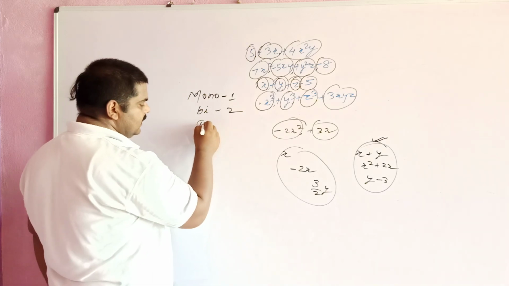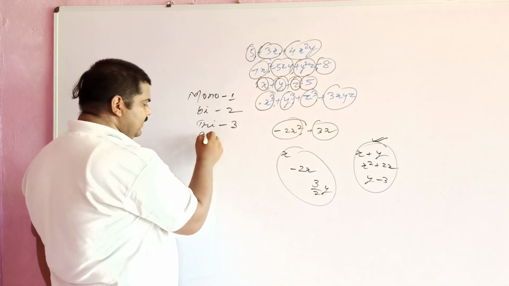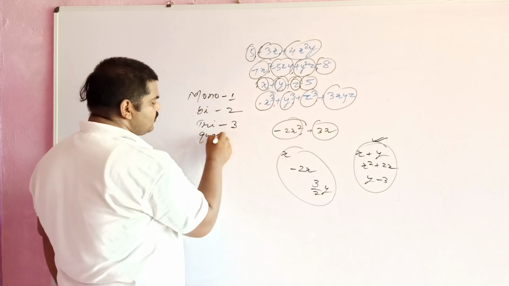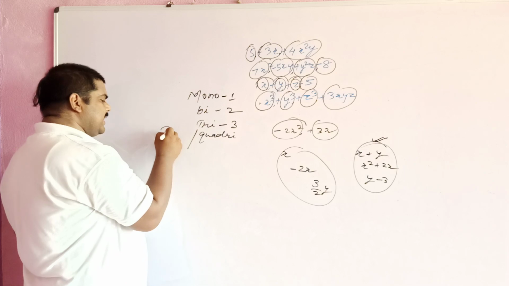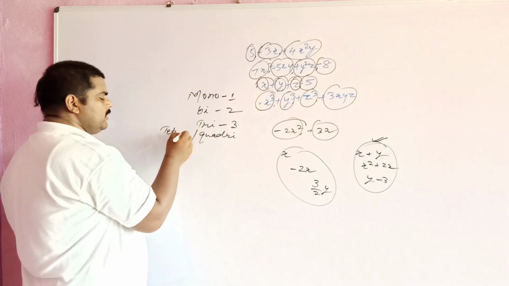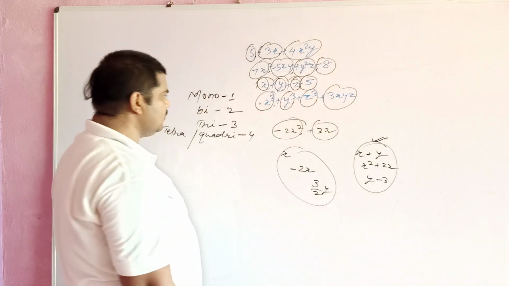Then trinomial. Tri means 3, quadri, or in place of it tetra is also used, which means 4.